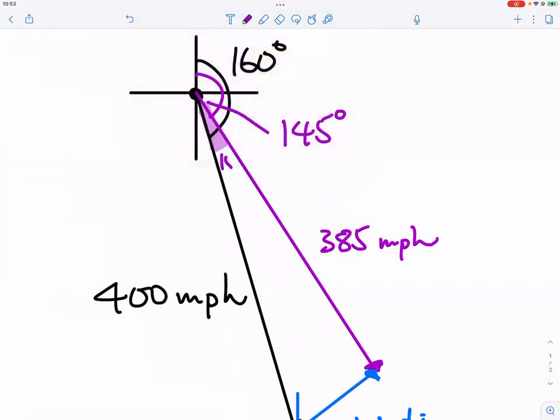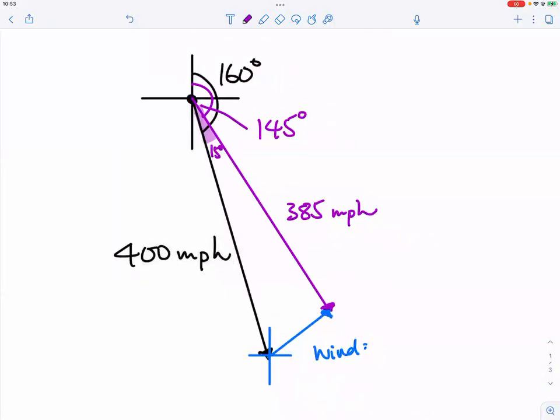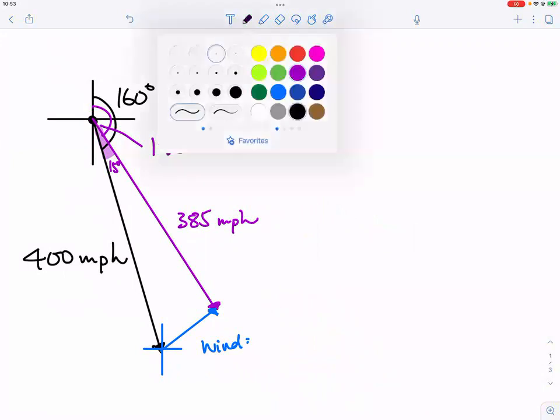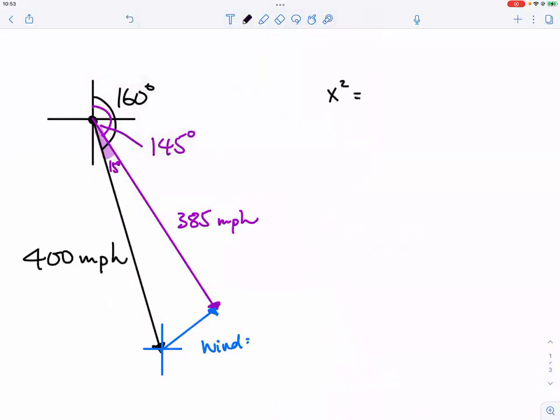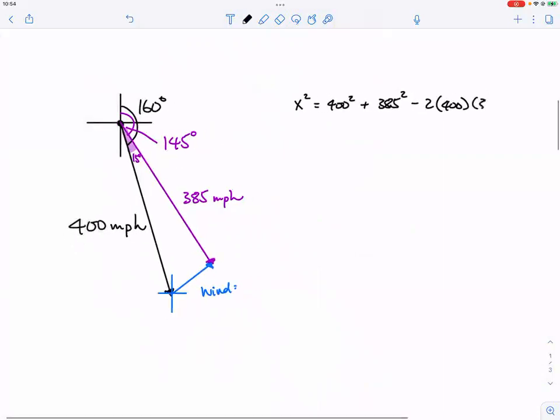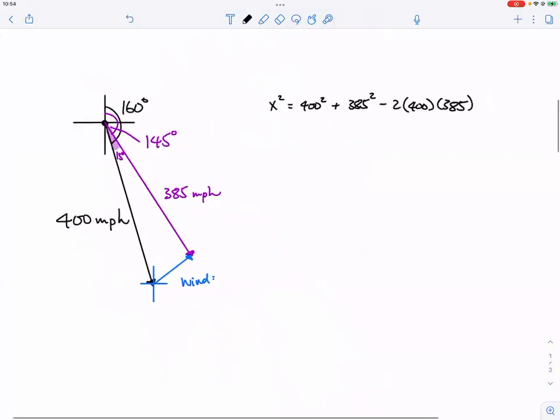This is 15 degrees. Okay, so can we find out the speed of the wind? Yeah, we have 3 sides and 1 angle. Law of cosine. So x squared is equal to 400 squared plus 385 squared minus 2 times 400 times 385 cosine of 15 degrees.